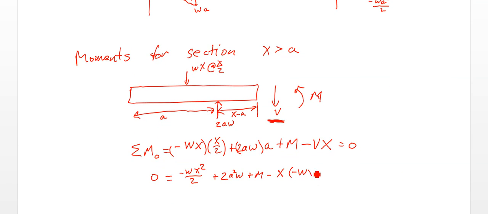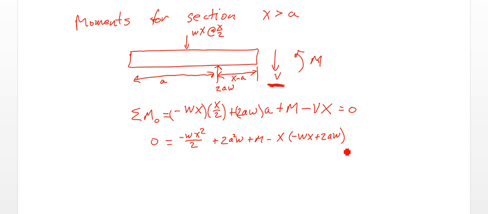So if I expand that out, negative wx squared over 2 plus 2a squared w plus M, and make that a positive wx squared, so that's this term, minus 2awx.